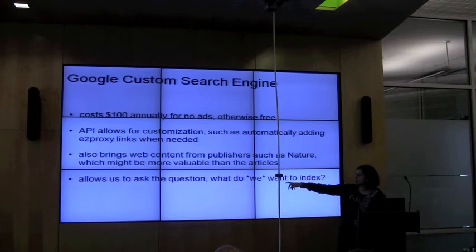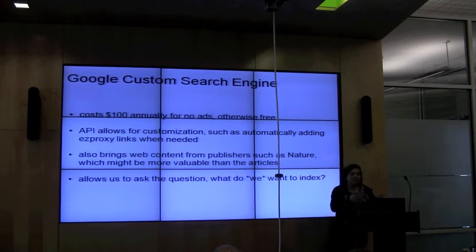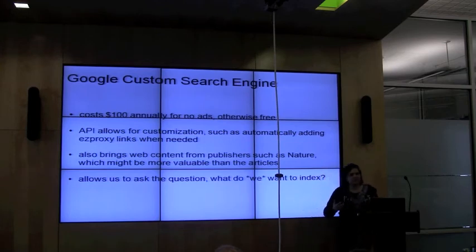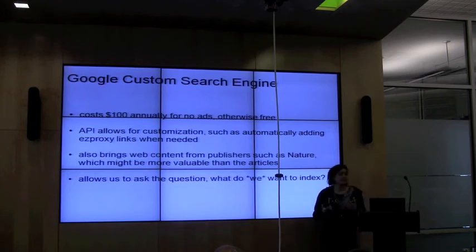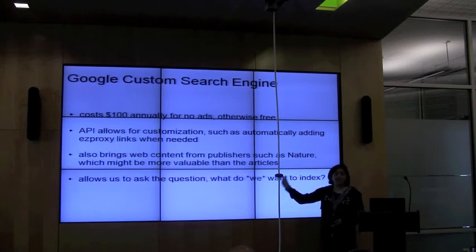Most importantly, it allows us to ask the question, what do we want to index? Do we want to provide an index of 20 journals, 200 journals, Canadian journals, English, foreign language, only the ones in our library? What would we ideally want to do? It's an interesting question, and I'm not even sure of the answers yet. But it's a good way for me to start thinking about how we can reimagine the services we provide. What if we had faculty create their own custom search engines for their students?